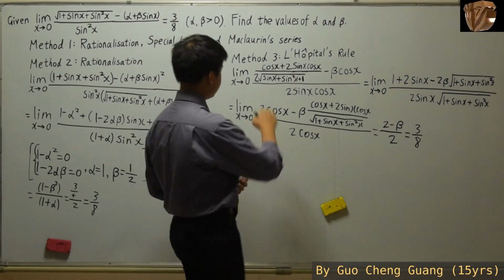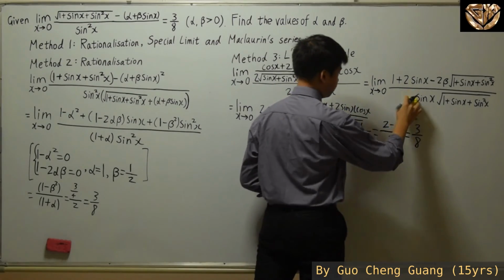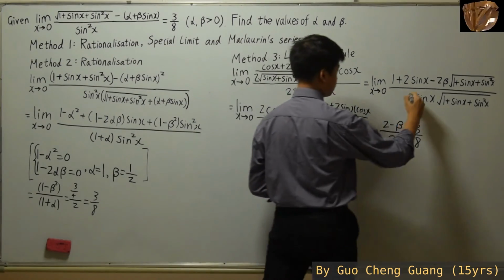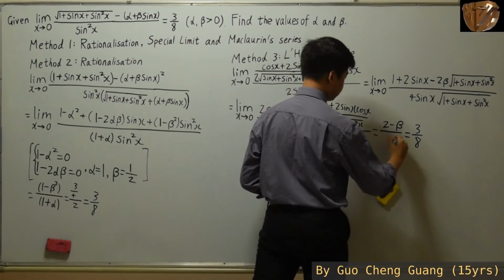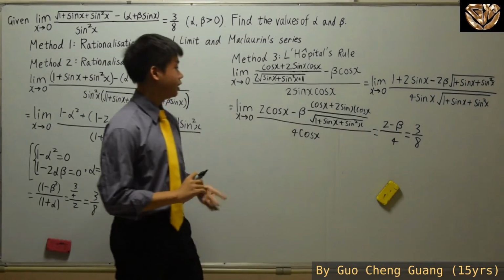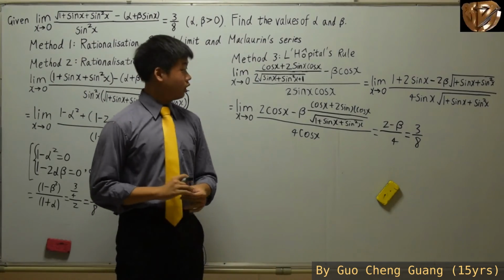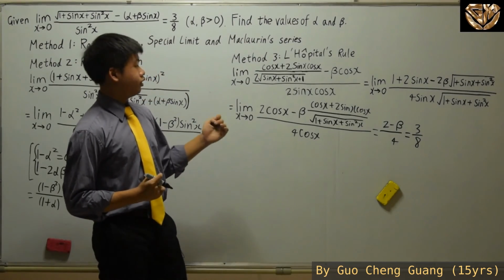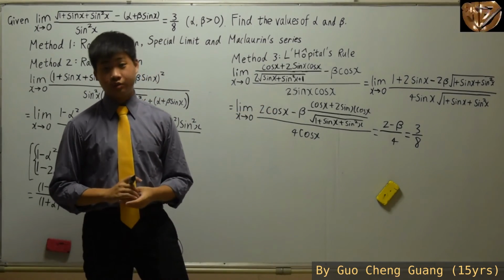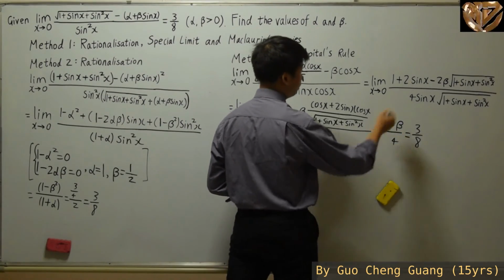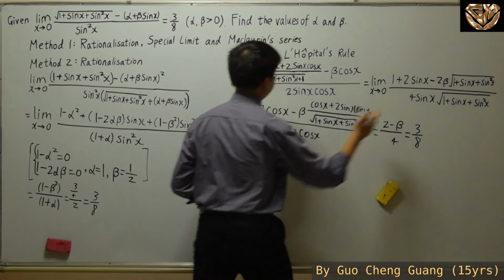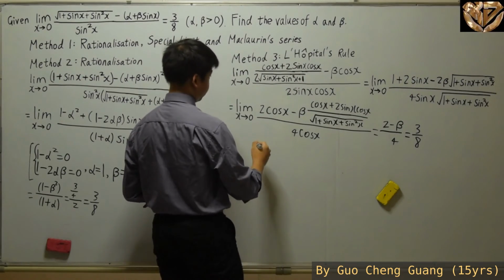Wait a minute, there's an extra 2, so this is 4, and this is 4. So this is over 4, sorry about that. Okay, so there's 2 ways to get beta from this step. Either you solve this part, or you just immediately deduce that beta has to be half.